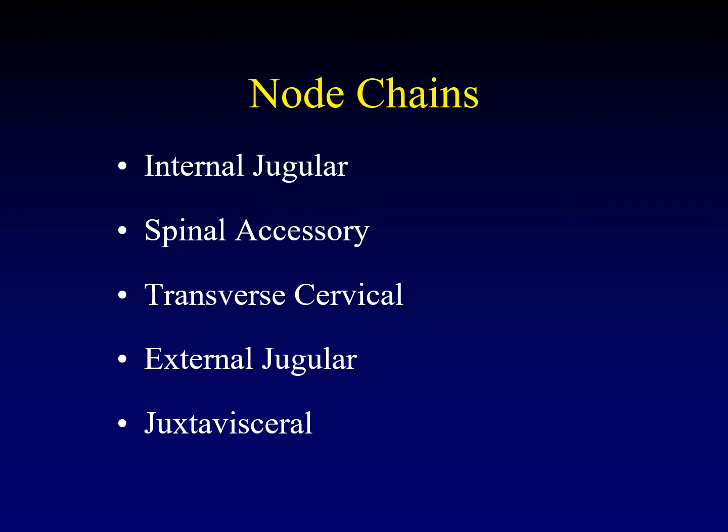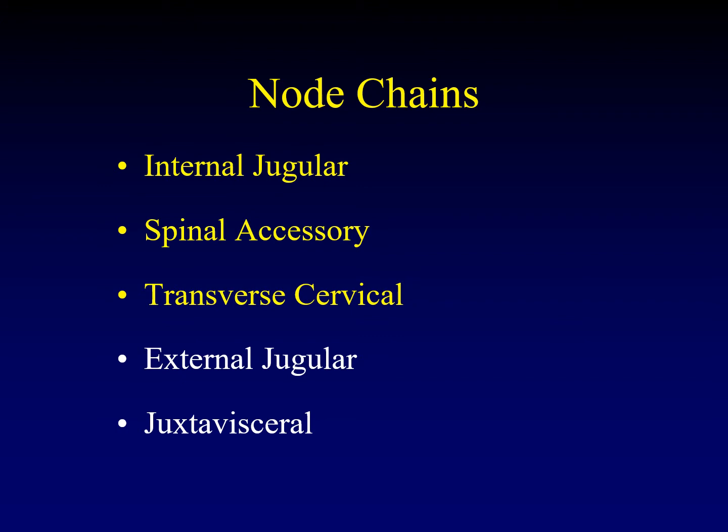The major node chains include the internal jugular chain that accompanies the internal jugular vein, the spinal accessory chain that accompanies the spinal accessory nerve, the transverse cervical chain that accompanies the transverse cervical artery across the base of the neck anteriorly, the external jugular chain, which follows the external jugular vein across the top of the sternocleidomastoid muscle, and the juxtavisceral chains that run down the front of the strap muscles.